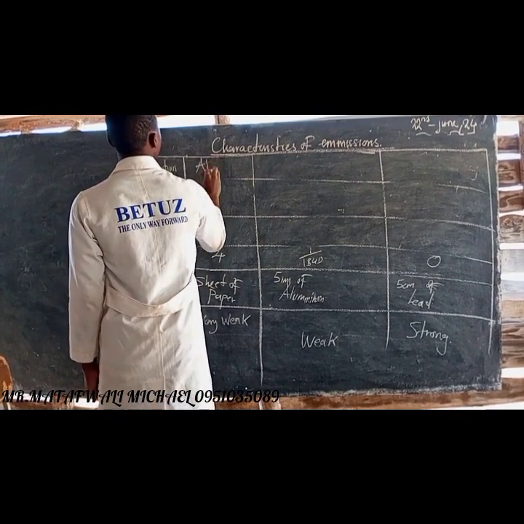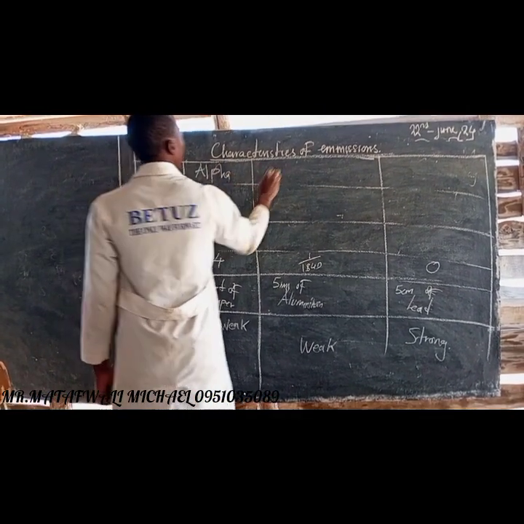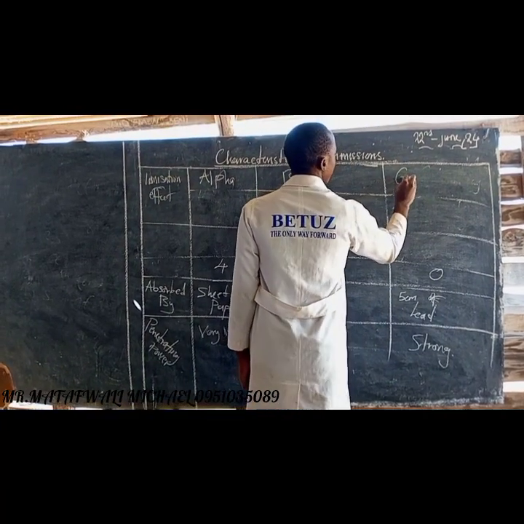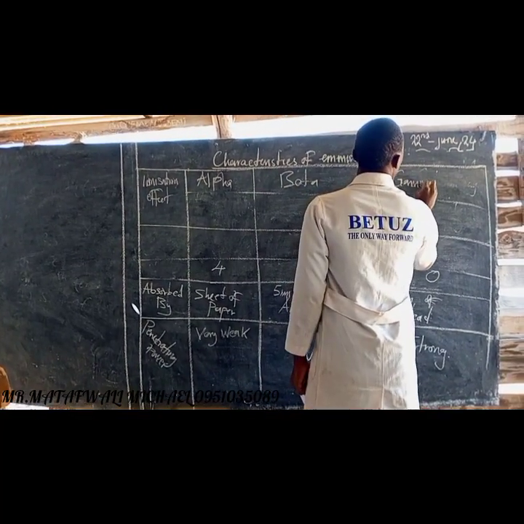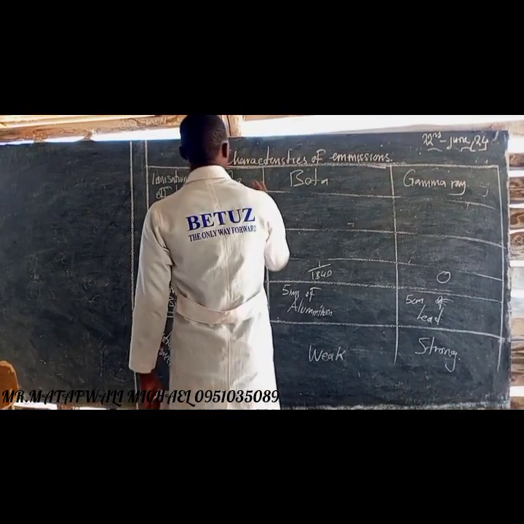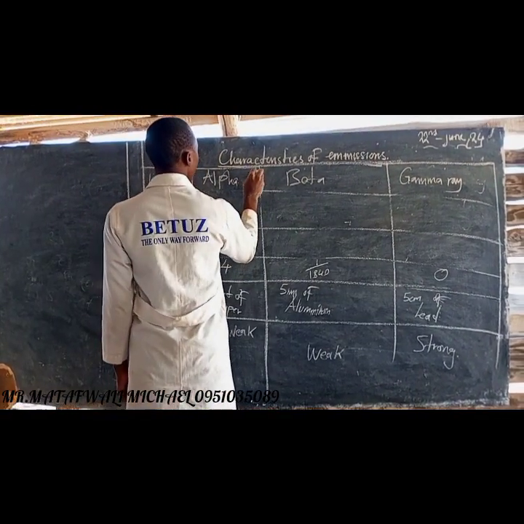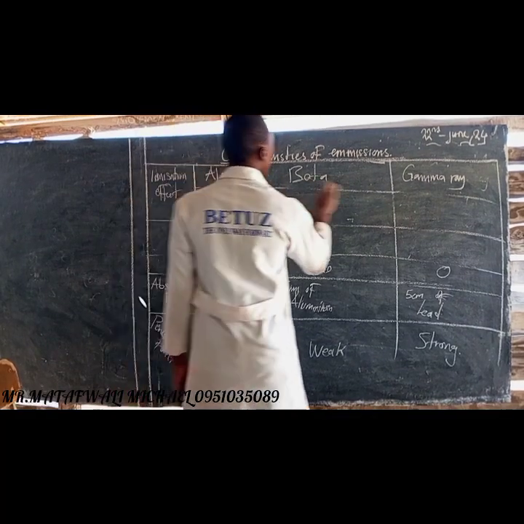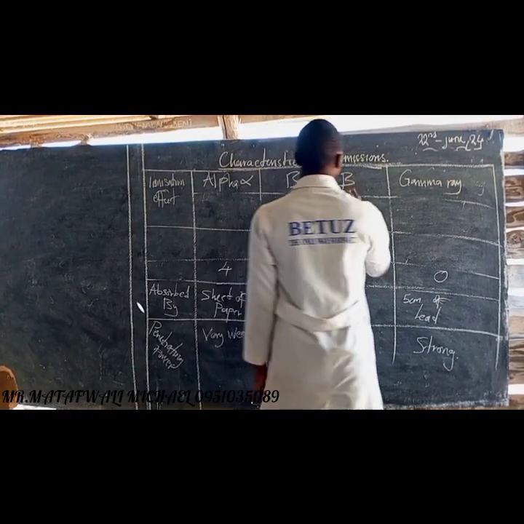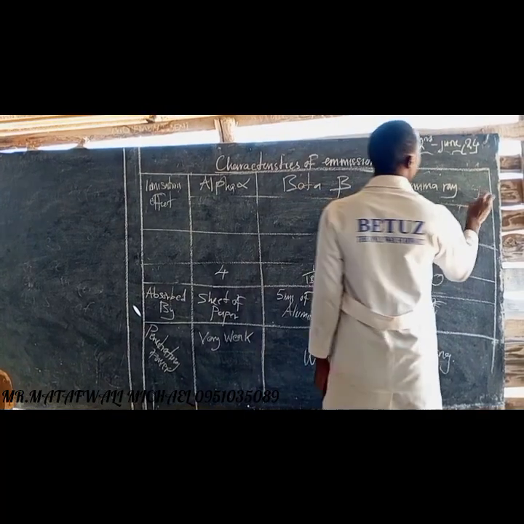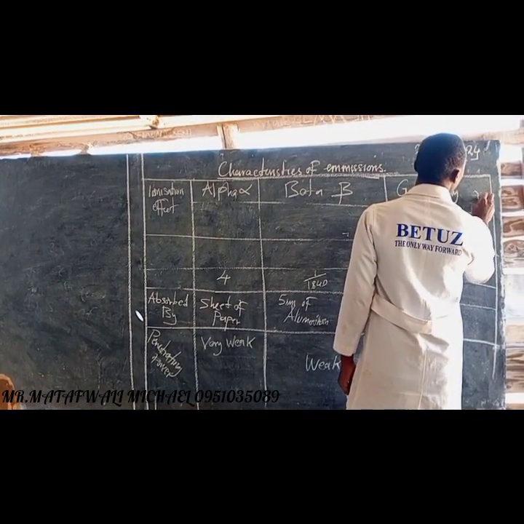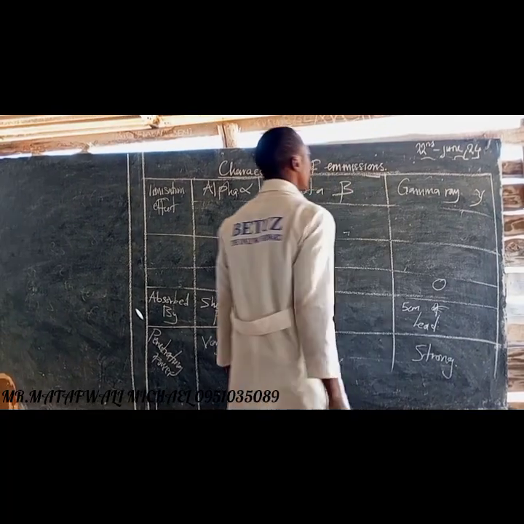Here we had alpha, here beta, and here we had gamma. And the symbol for an alpha particle is this, and this is the symbol for a beta particle. The gamma ray is represented by something which looks like a 1.